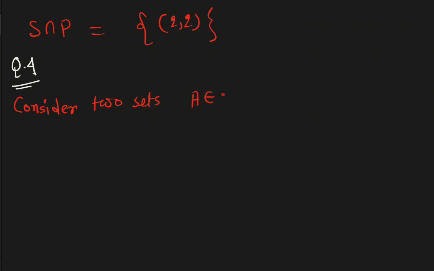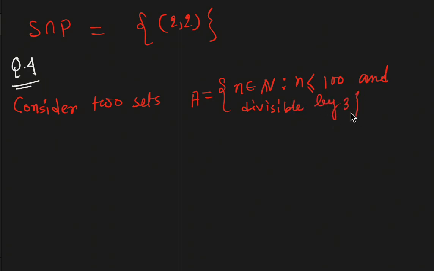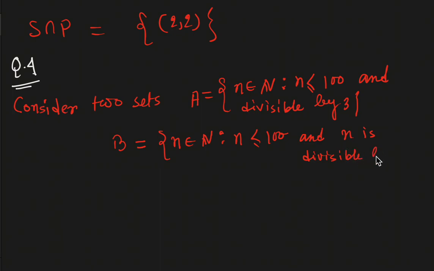A is the set of n belonging to the natural numbers such that n is less than 100 and n is divisible by 3, and B is the set of n such that n is less than or equal to 100 and n is divisible by 5.